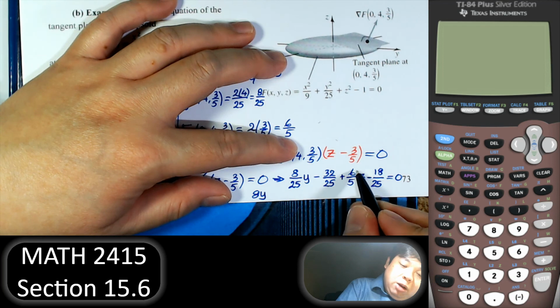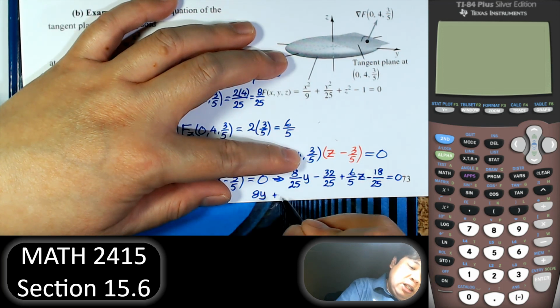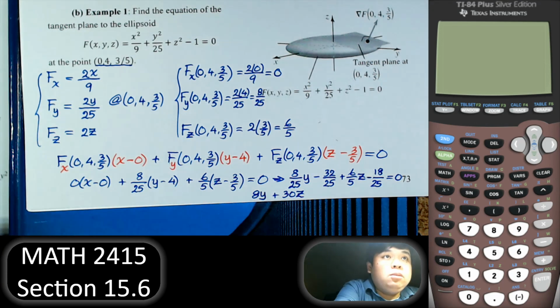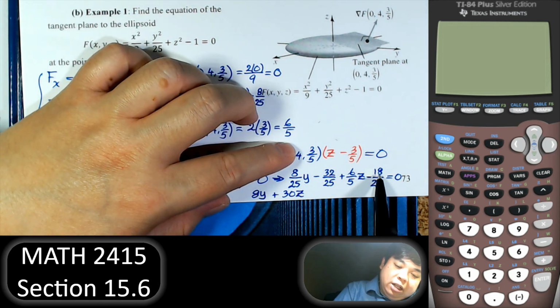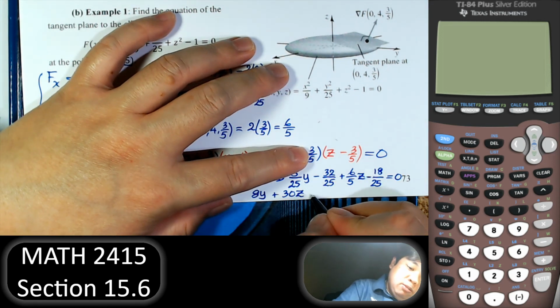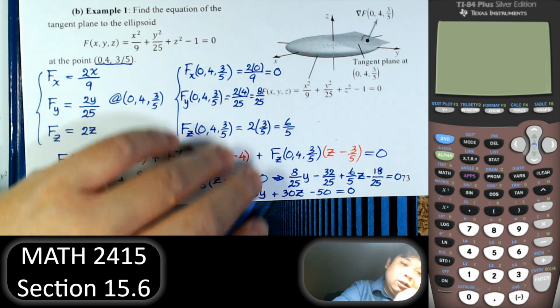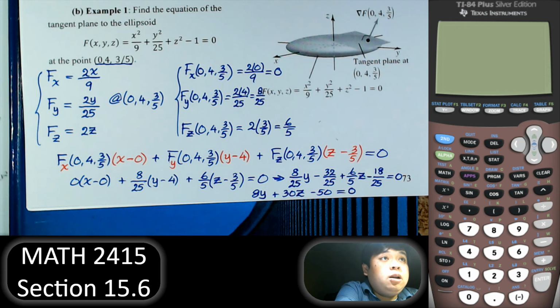Multiplying 6/5 by 25, the 5s cancel out, we have 30z. And then 32 and 18, that's 50 over 25, so that's minus 50. Right?